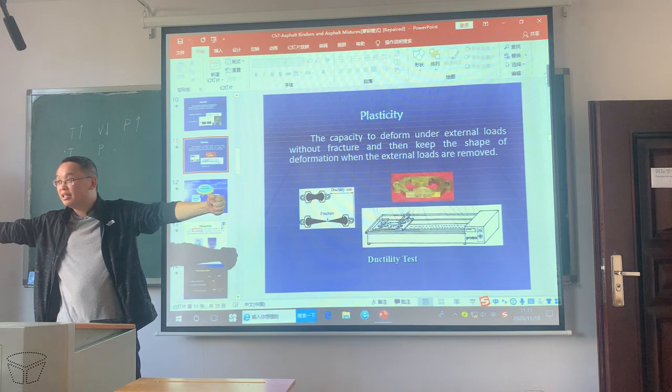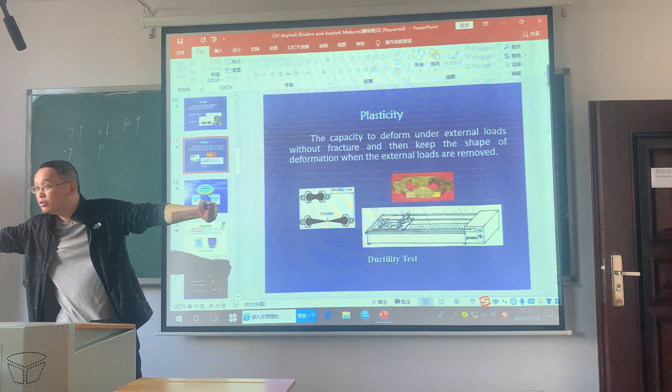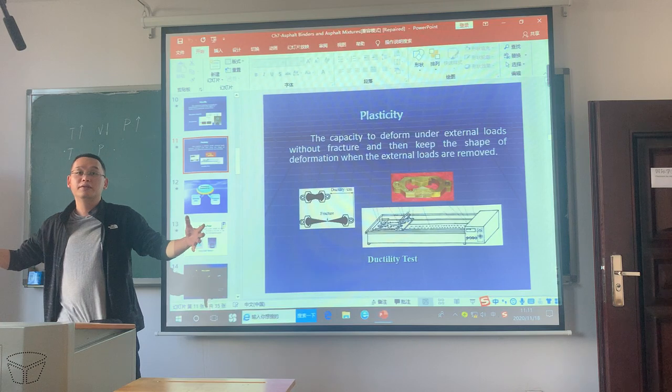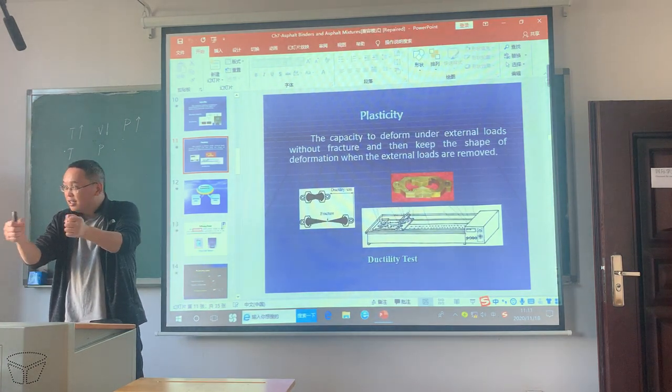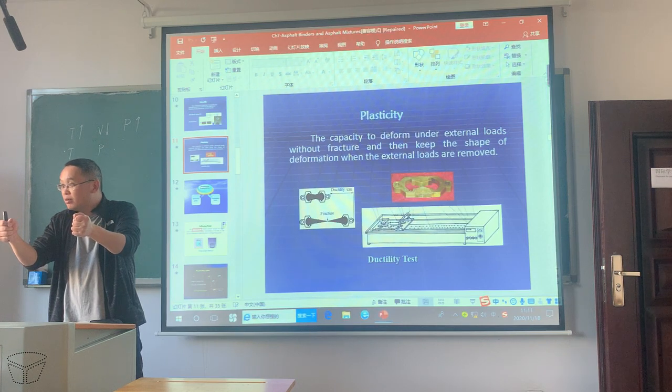It means the plasticity of the asphalt is good. Yes, it's good. If it is poor, the distance will be very small, and it will fracture or break.